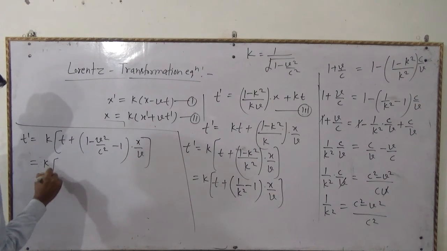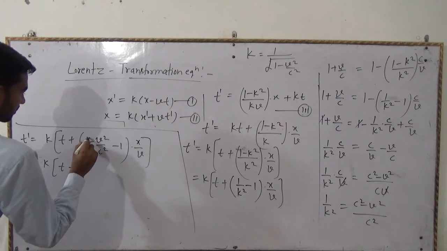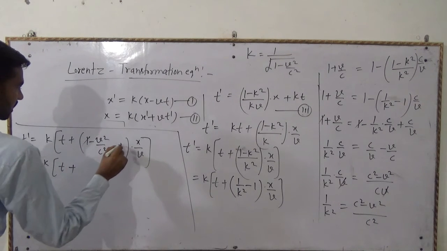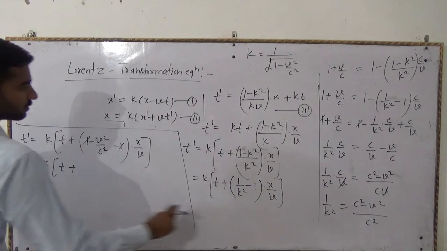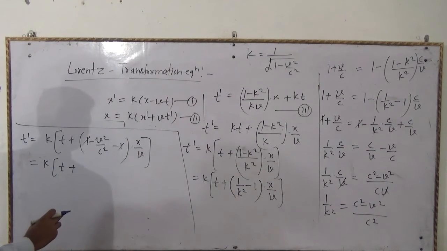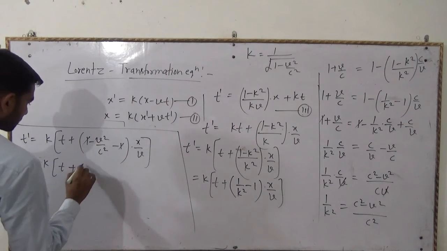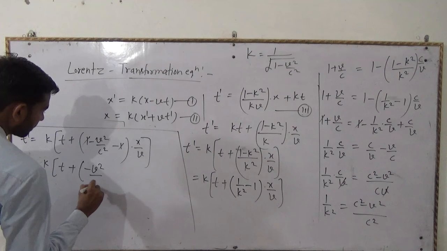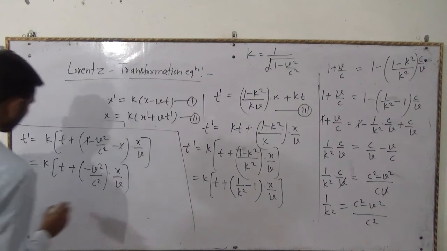It is equal to k t plus, here 1 and 1 will cancel out. Here we have placed the value of 1 by k square from this equation. So t plus, it will be minus v square by c square into x by v.